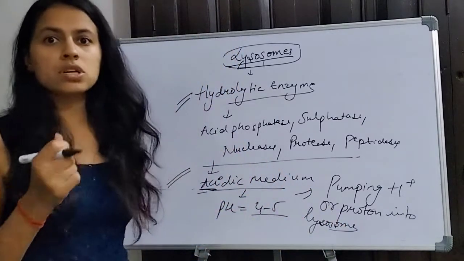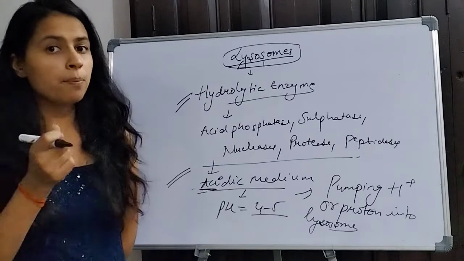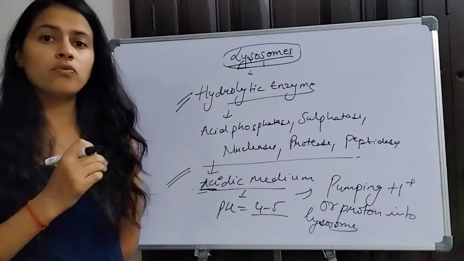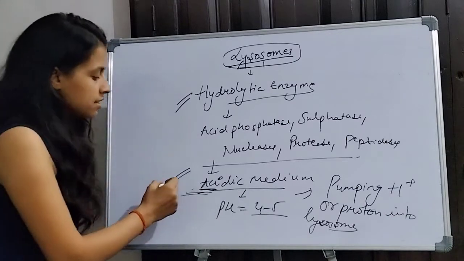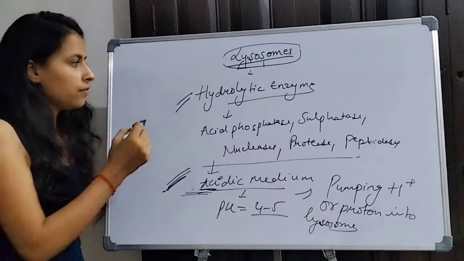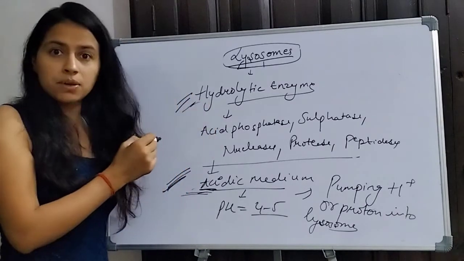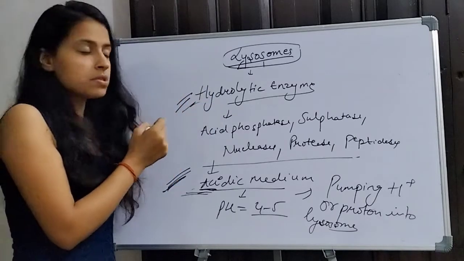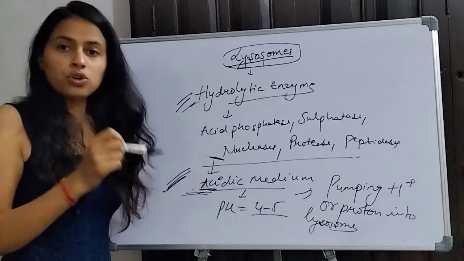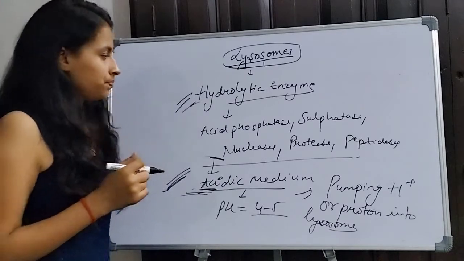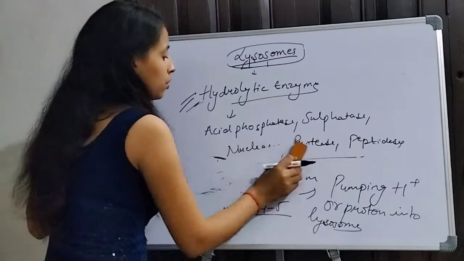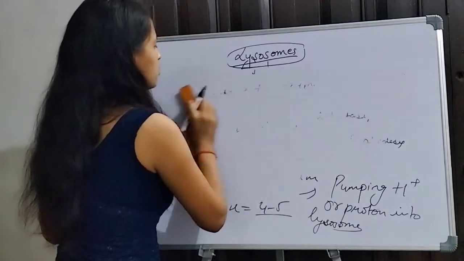When the hydrogen ions, or protons, are pumped into the lysosome from the cell, an acidic medium is created. This acidic medium helps in the functioning of hydrolytic enzymes, and the hydrolytic enzymes help in digestion of food which is present in your body or cells. So, that is all about the lysosomes.